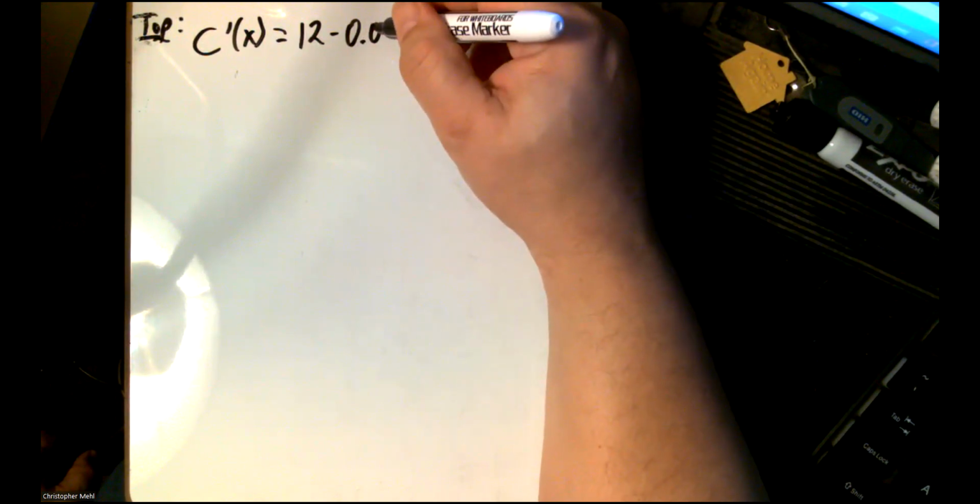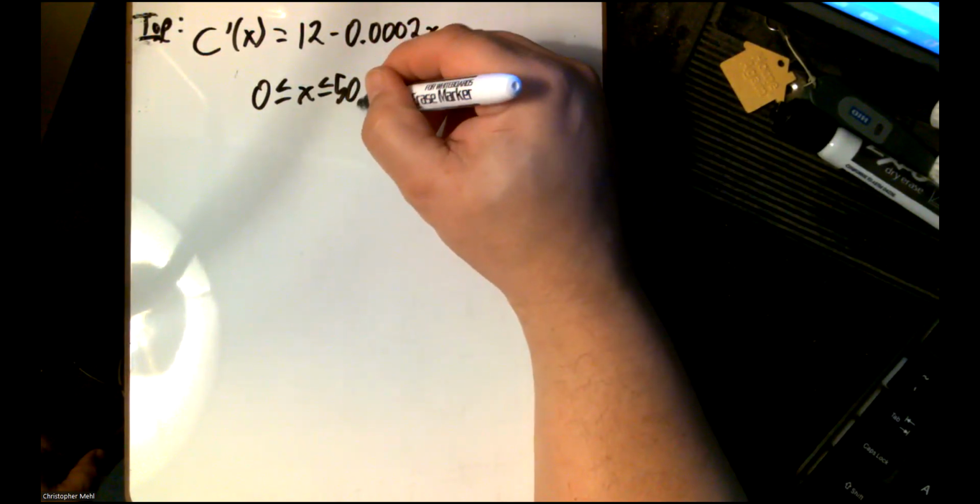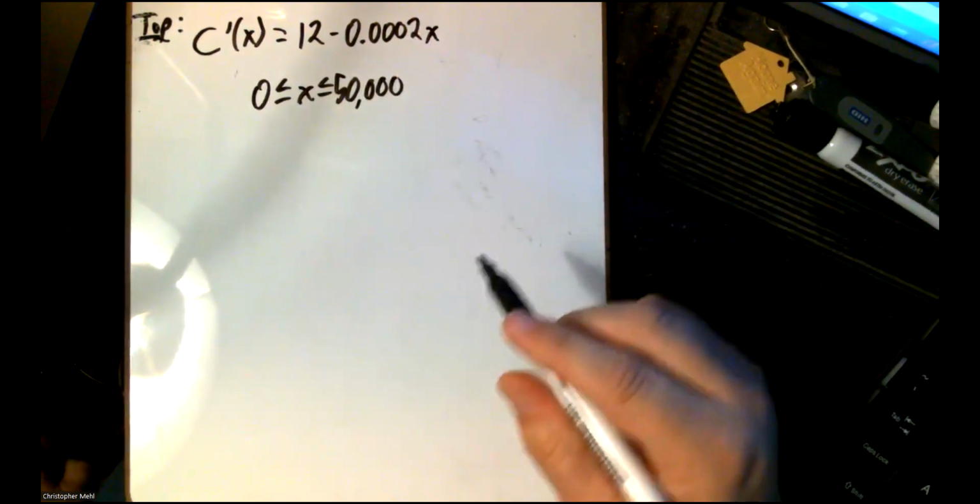So to finish up, we'll do an example of production cost. Suppose a publisher estimates the marginal cost, C prime of X, of a particular title in dollars per book is given by 12 minus 0.0002 times X, where 0 less than or equal to X less than or equal to 50,000 is the number of books produced.